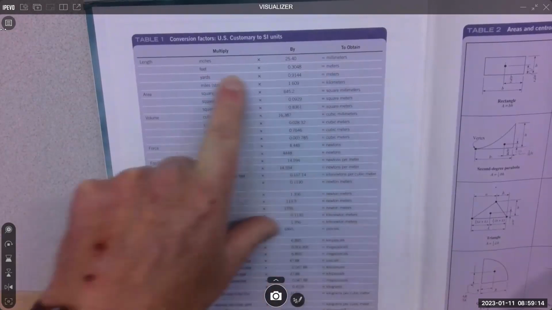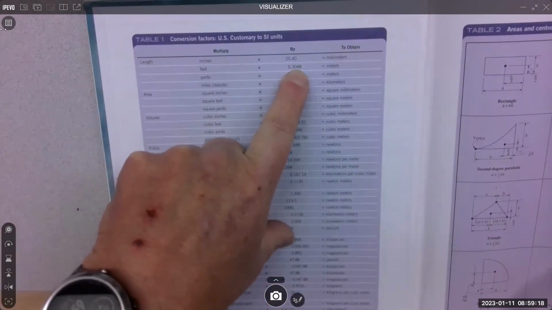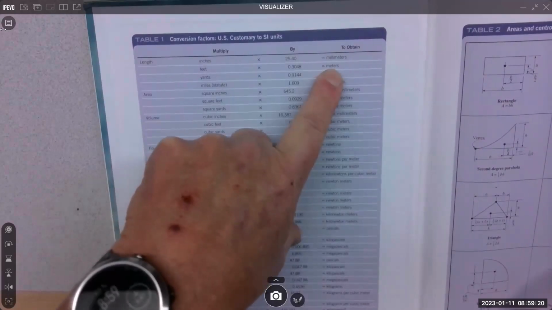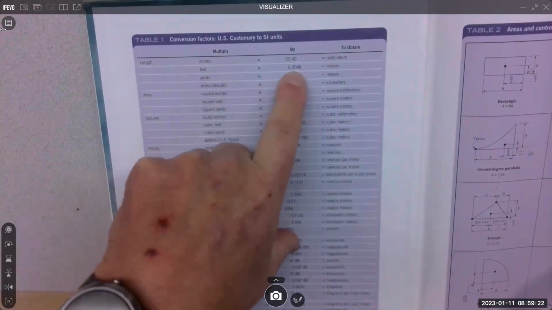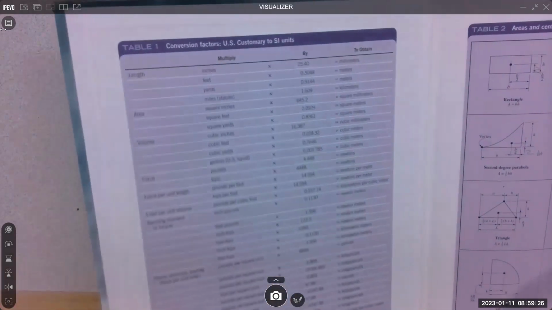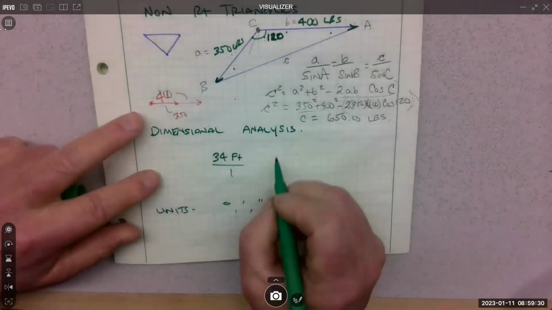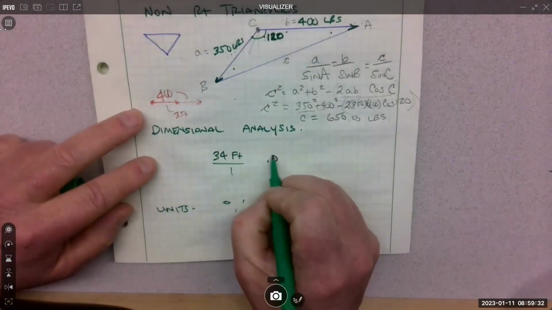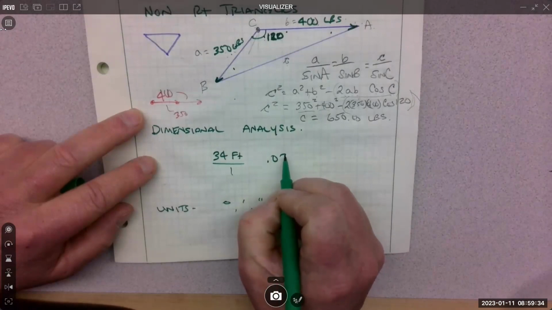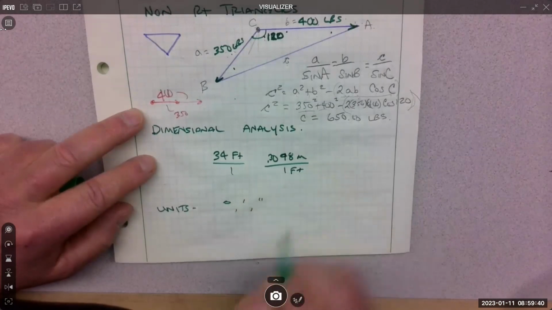Well, the important thing to know is 1 foot is 0.3048 meters, right? If I put 1 in, I get the conversion. So 0.3048 meters per 1 foot.